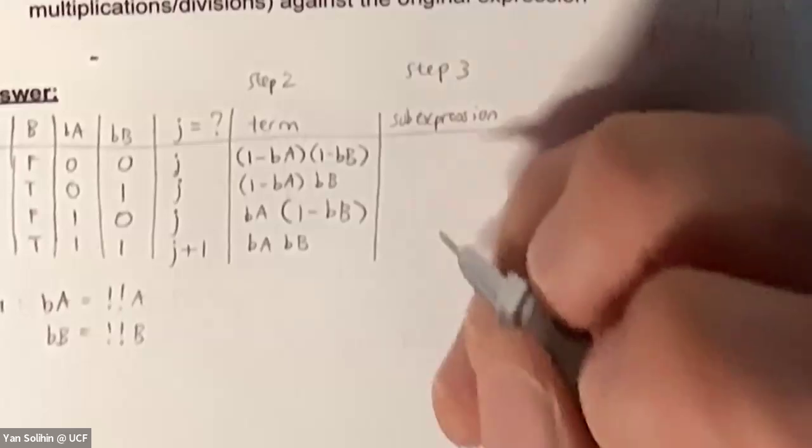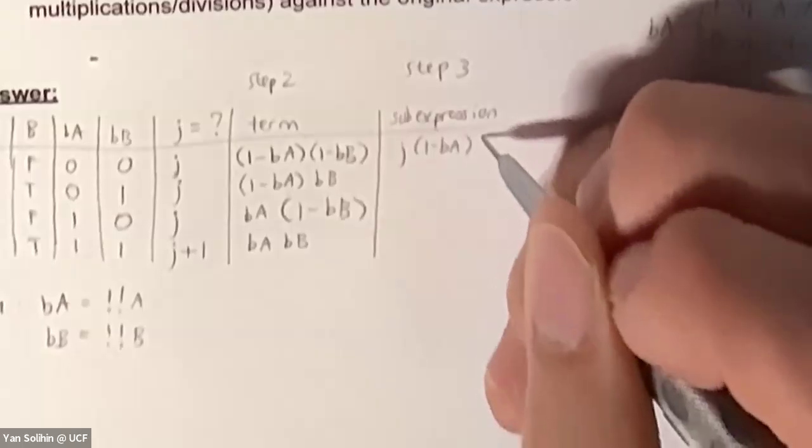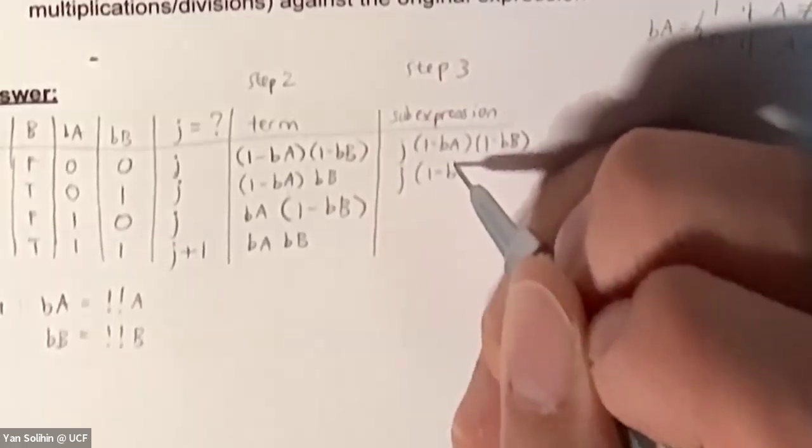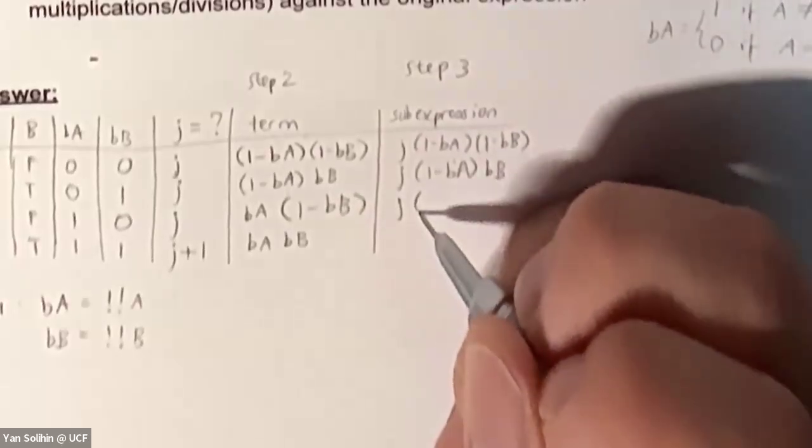So then we will have J times 1 minus BA, 1 minus BB, and then here J times 1 minus BA, BB, J times BA times 1 minus BB, and here finally is J plus 1, because it's J plus 1 over here, times BA times BB.